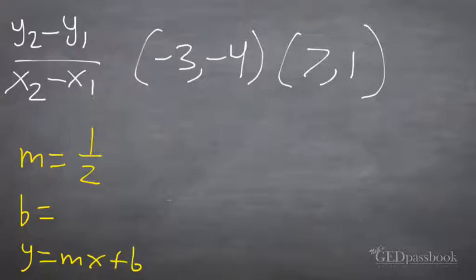So, what goes where? We have 1 equals. Somebody else tell me what comes next. What comes next?